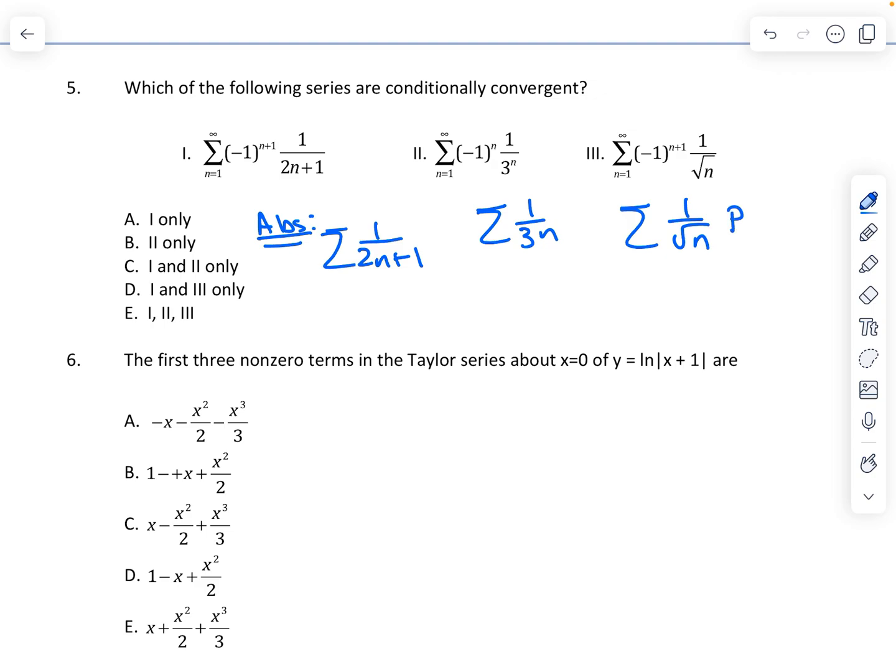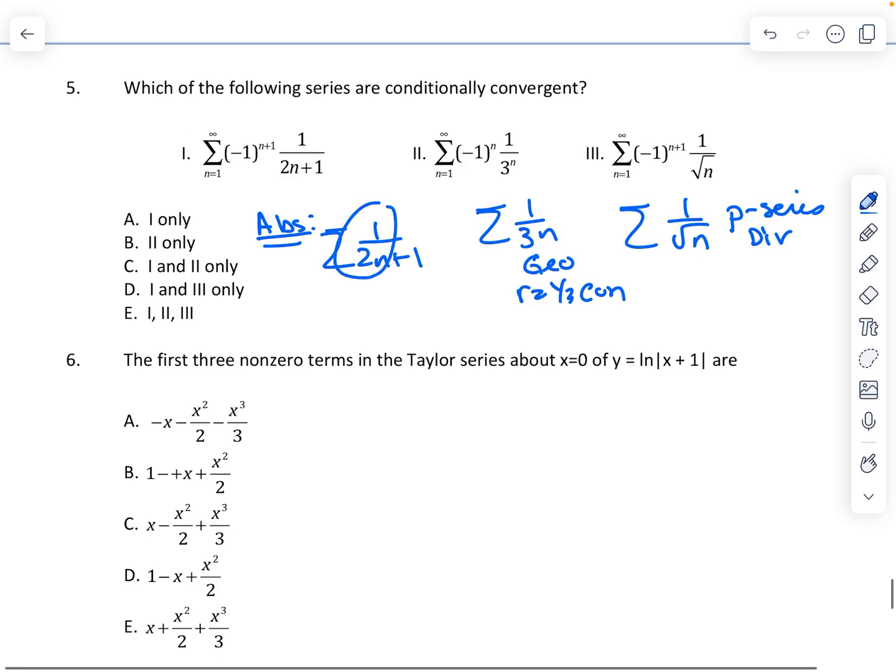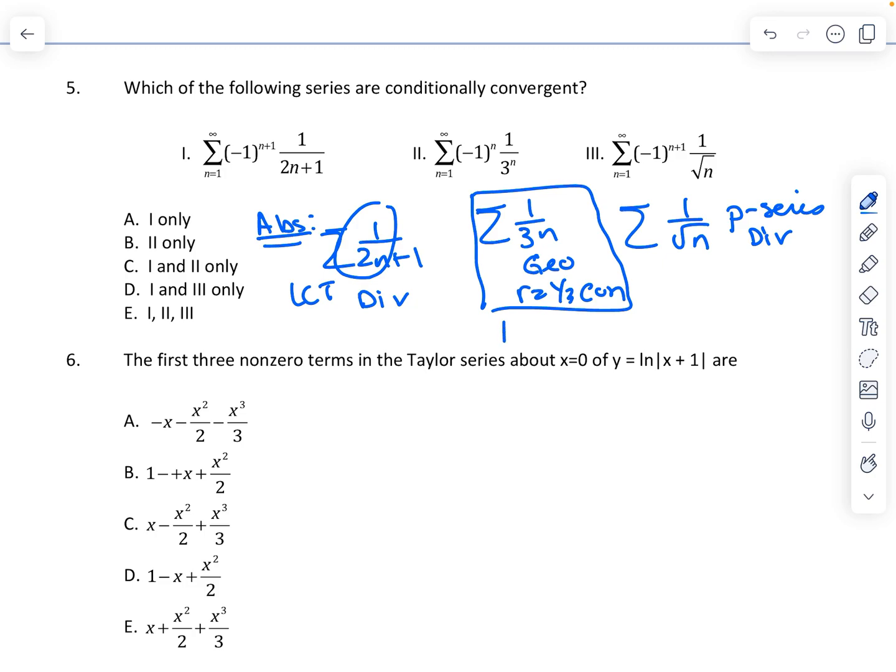So these I can tell pretty easily. This one is a p series that diverges. This one is a geometric. r is 1/3, so I know it converges. This one, I can use LCT. You can compare it to a p series that diverges, so I know this also diverges. Okay, if the absolute value converges, like this one, we can say this one is absolutely convergent.